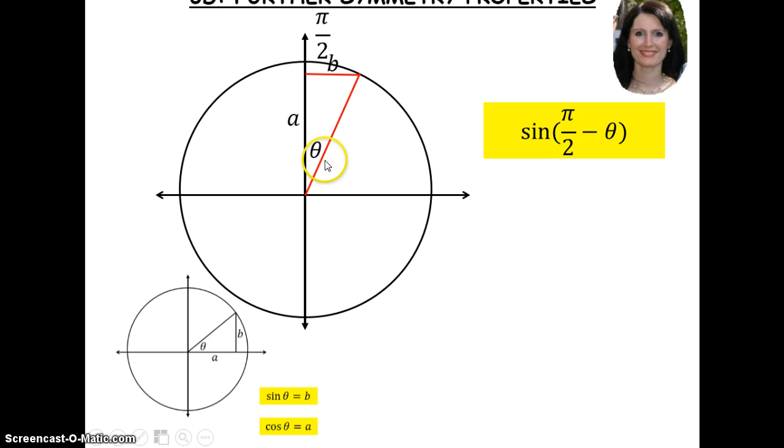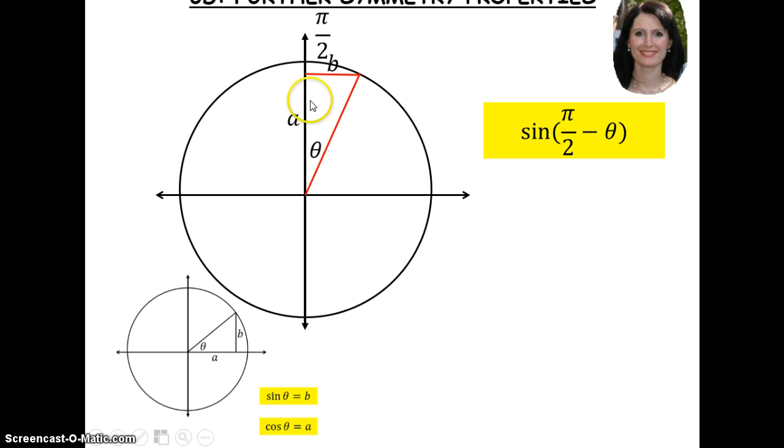So here, I've taken my angle that I have down here in the smaller unit circle, and then I've just put that angle the other way around. So I'm putting it so it's the same angle. So just say it was 45 degrees in the lower circle, it's going to be 45 degrees in this circle here. What we can see then is that B is going to become the top length there, and A is going to become our left-hand side length.